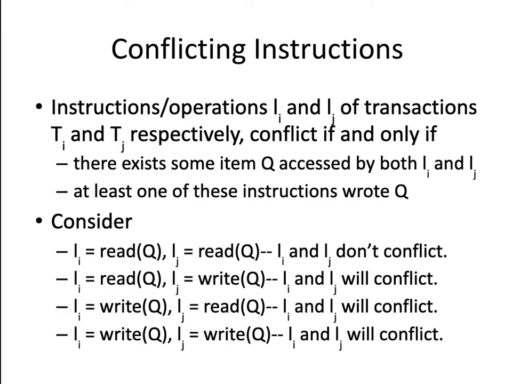Before going to conflict serializability, we should understand what conflicting instructions actually means. The literal meaning of conflict is when two things do not agree with each other. To find which two instructions are conflicting, assume you have a number of transactions concurrently executing in an interleaved fashion.